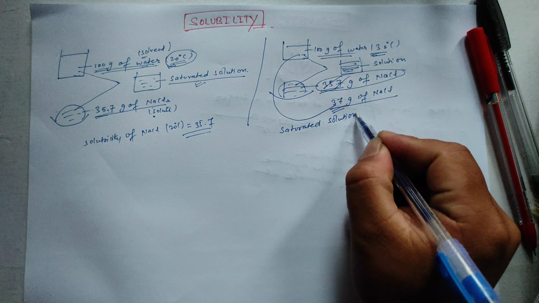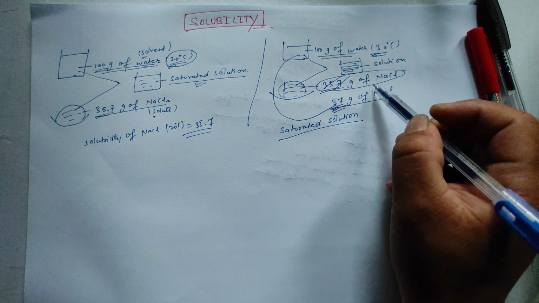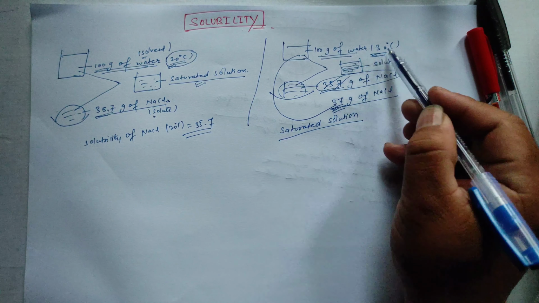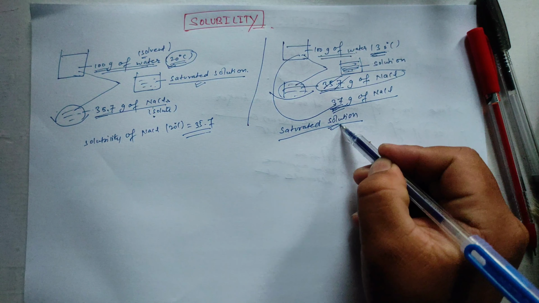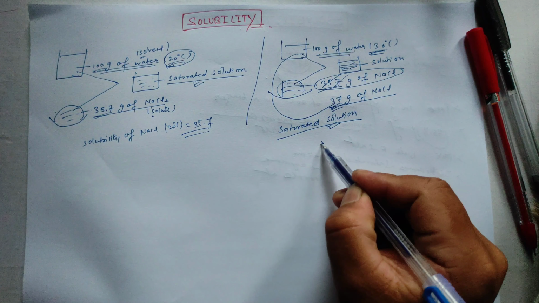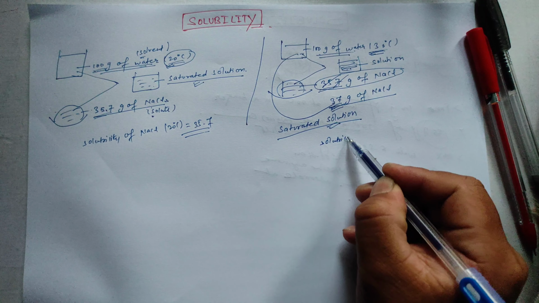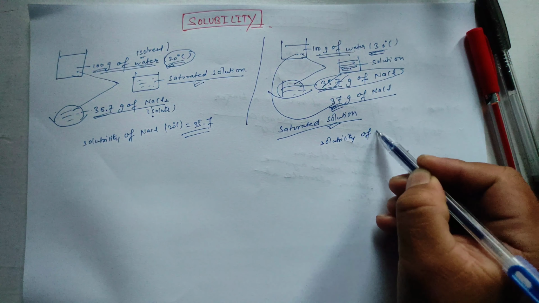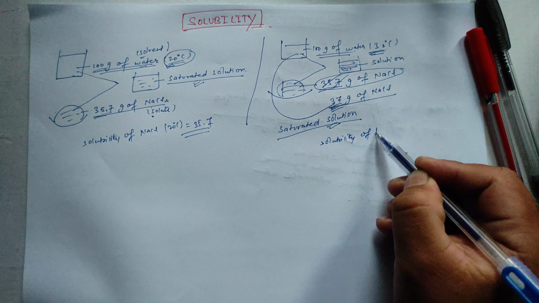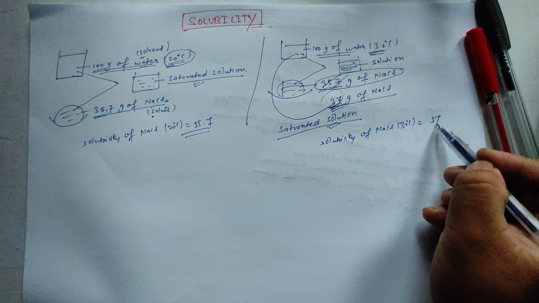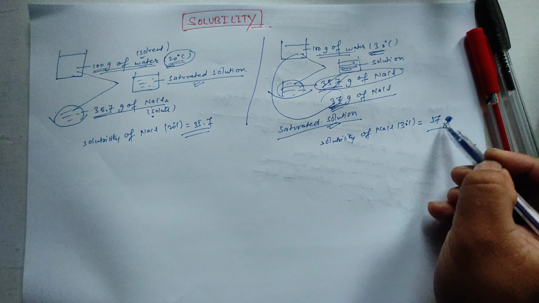Okay, now in this case 37 gram of sodium chloride dissolved in 100 gram of water at 30 degrees Celsius to make saturated solution. So solubility of sodium chloride at 30 degrees Celsius is now 37.